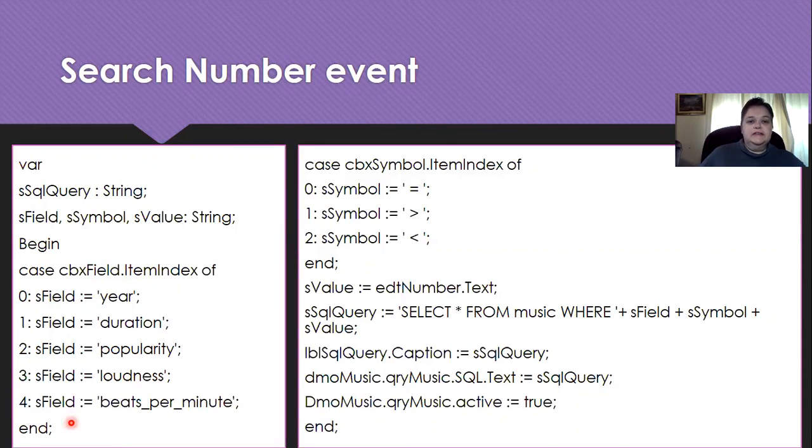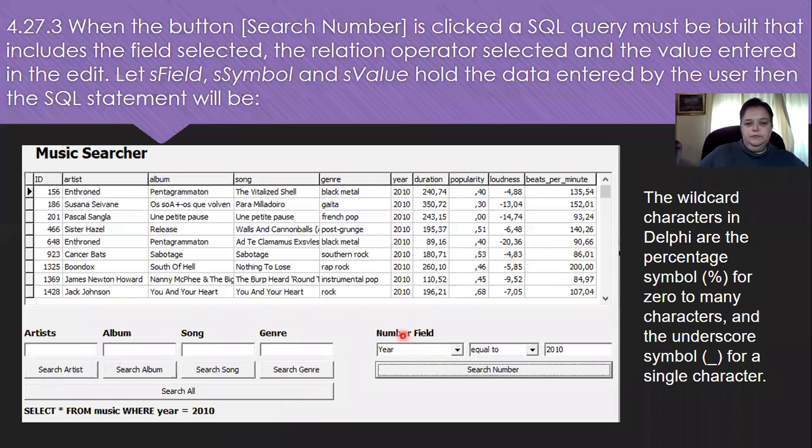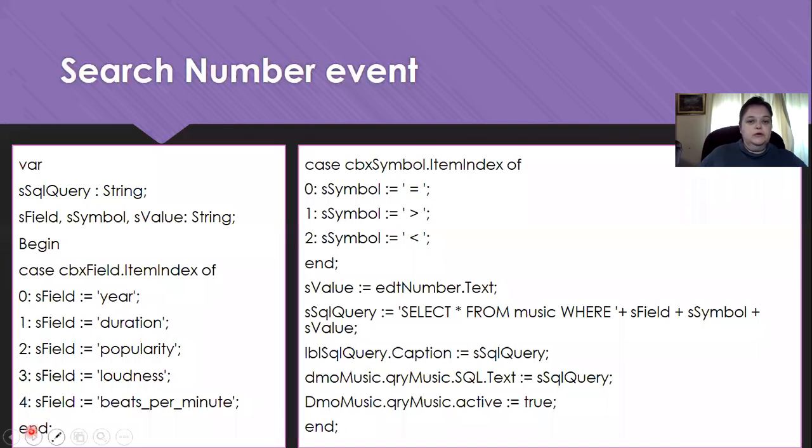Then straight underneath that, I've got a second case statement. So let's quickly backtrack: there was my first case statement, which defined whether it was year, duration, popularity, loudness, or beats. My second case statement is going to be equal to, greater than, smaller than.